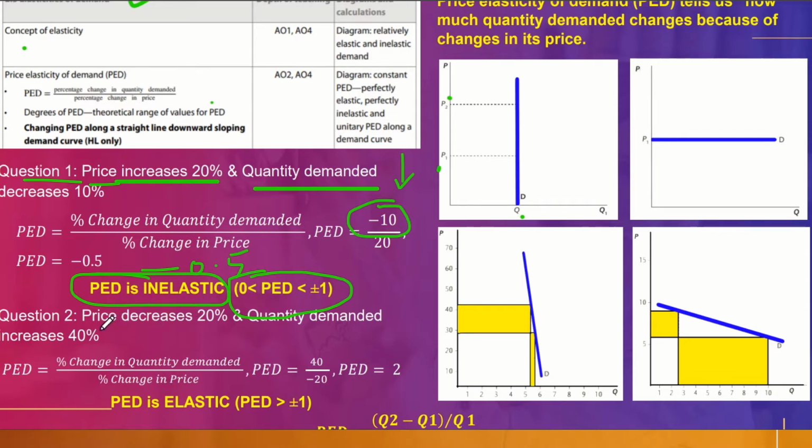Second question: price decreases 20%, quantity demanded increases 40%. So here also PED equals 40 divided by minus 20, so PED equals minus 2, right, which means if the PED value is greater than plus or minus 1, that is elastic.